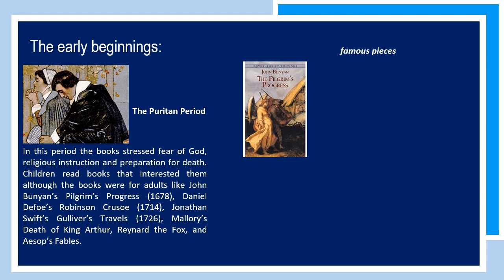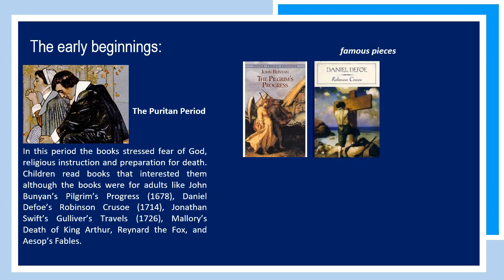These books were not yet meant to entertain children, but simply to provide lessons about how we follow God, and what would happen to us if we do not follow His will.